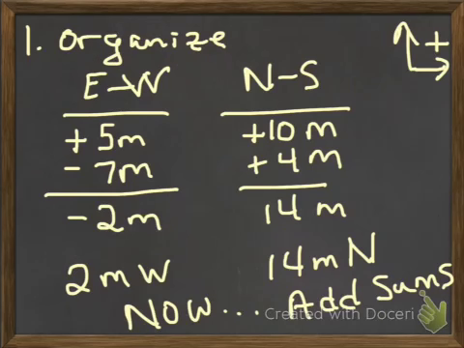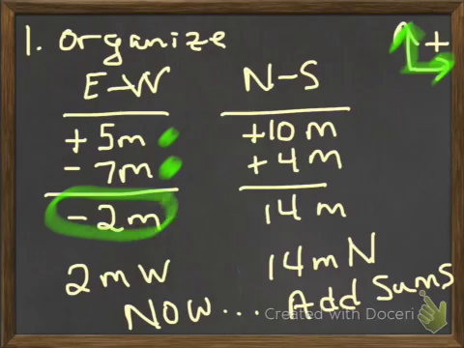So once we do that, and we assign north and east as positive, we have our 5 meters east, 7 meters west. So total in the east-west direction, we have gone -2, or 2 meters west.